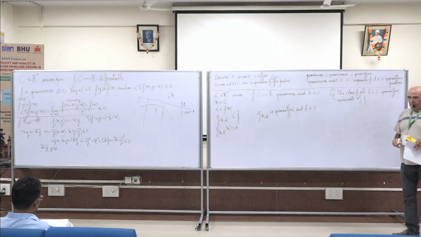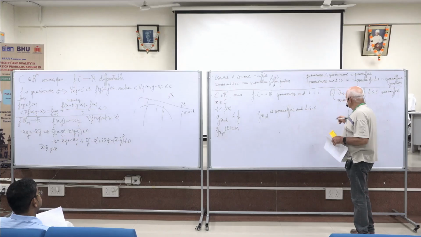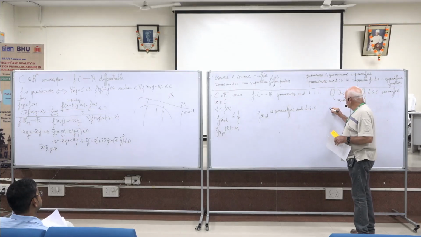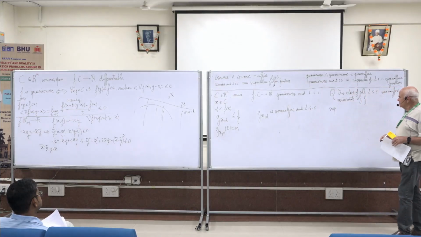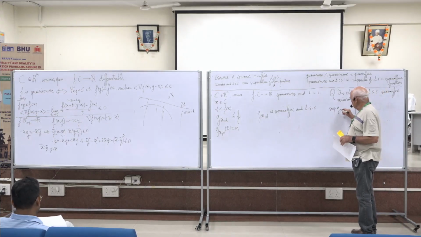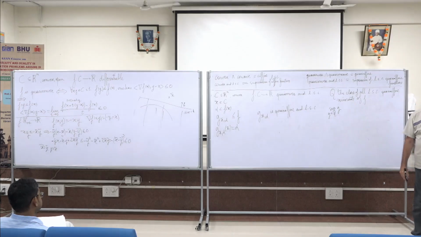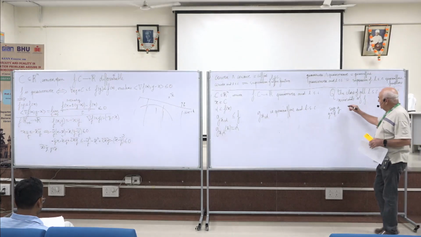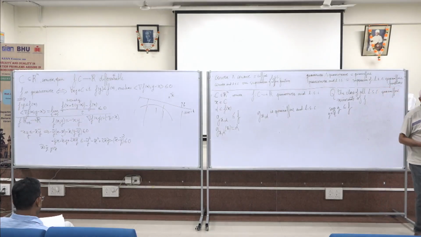Okay? And I consider the supremum of all these functions, supremum of g for g in Q. This supremum is clearly less than or equal to f, because it's a supremum of minorants.